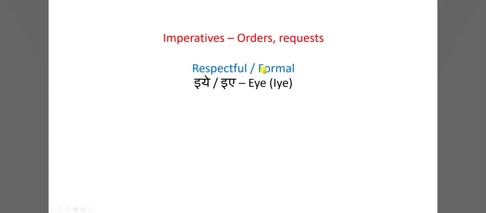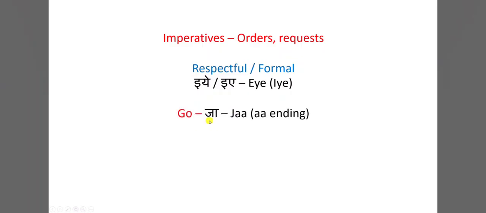Here we add iye to the root verb, iye or ie. Both are the same. Some add this, some add this. Now, we have some rules for adding this. So let us learn those.